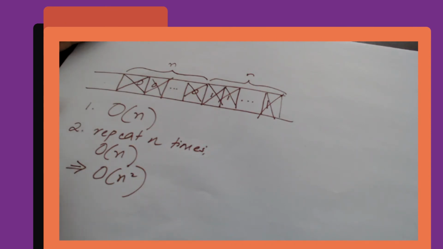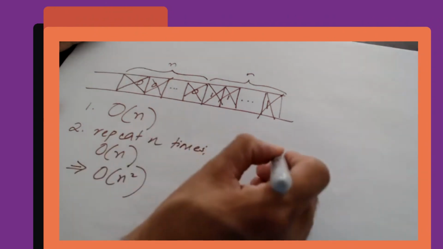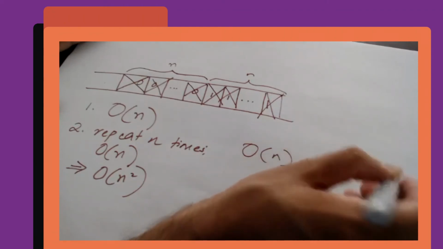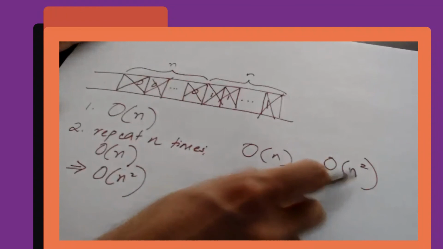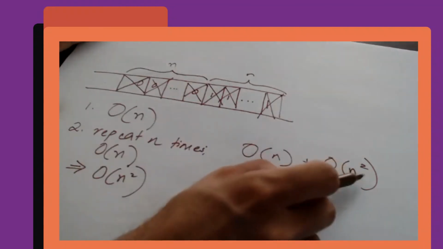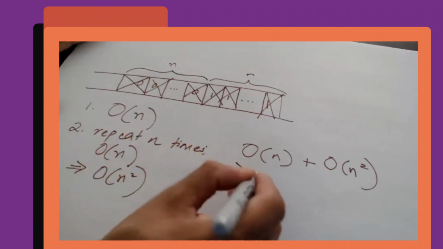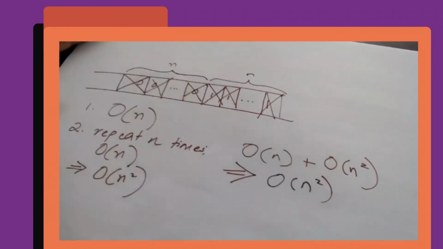Well, we can just add up the total times that were taken in step 1 and step 2, and so that is O(n) plus O(n^2), and the bigger term, n squared, will dominate. This is just equal to O(n^2).